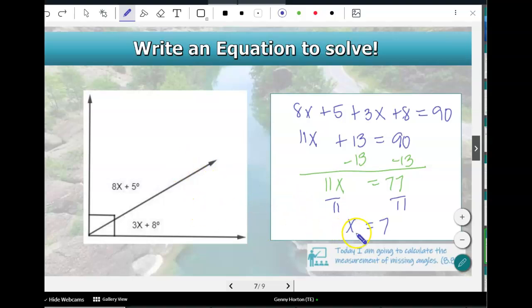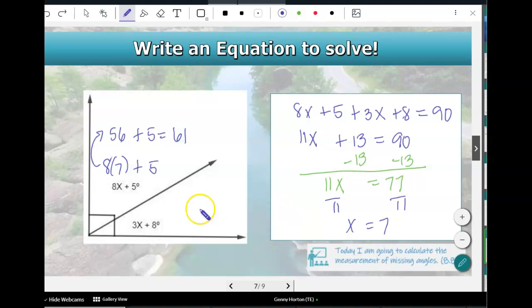So we know that x is 7, so we still have to plug that 7 in to figure out what the size of each angle is. So this one, we're going to do 8 times 7 plus 5. We're going to go upward here. 8 times 7 is 56, plus the 5 is 61.